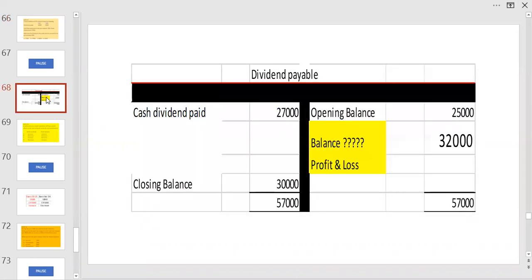If you see here, they have given an opening balance of 25,000. That is in year 2000. Since it is dividend payable, it's a liability account, so quite naturally it will have a credit balance, which is entered here. Then at the end of the year, there is an outstanding of 30,000. That again is a credit balance. In order to bring that credit balance forward, we have to enter it here in debit.